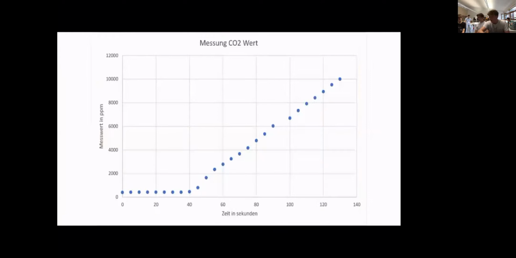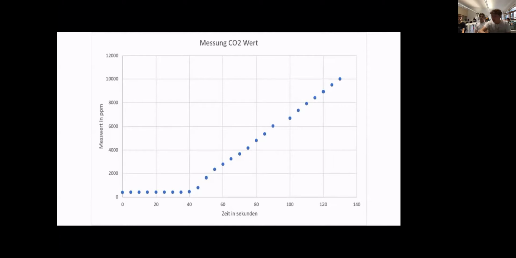Here you can see our graph that we put together out of the values we took. On the x-axis is the time in seconds, and on the y-axis our values in parts per million.